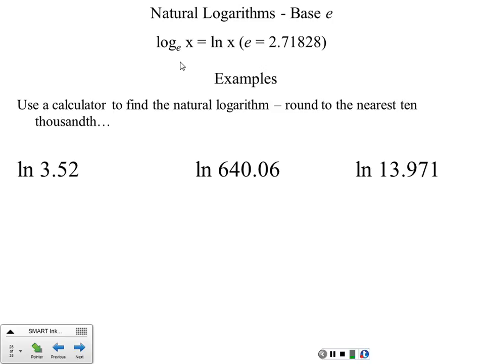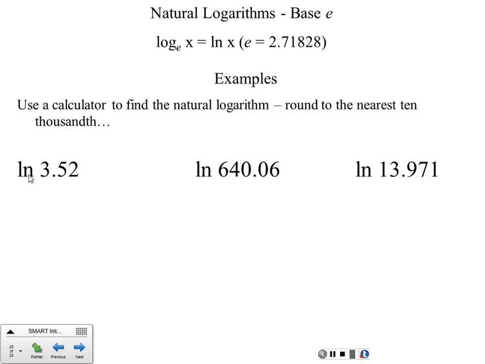So anytime you take the log of base E, basically what you're doing is you're taking the natural log of an argument. So in your calculator, again, if I'm just asking you to take the natural log of an argument, instead of using the LOG button, you're going to use the LN button.